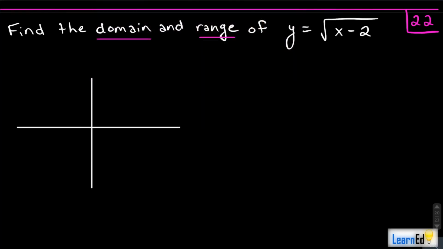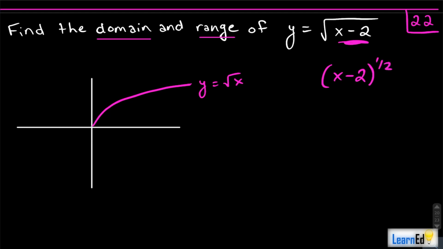So the square root of x, what does that look like? Well, it's this function here, right? That's y equals the square root of x. But what happens when you put the minus 2 in there? Well, you can think of this as being in parentheses, if you think of it as x minus 2 to the 1/2. So this minus 2 will actually be a horizontal shift, because this is an x, not a y, as it was in circles.